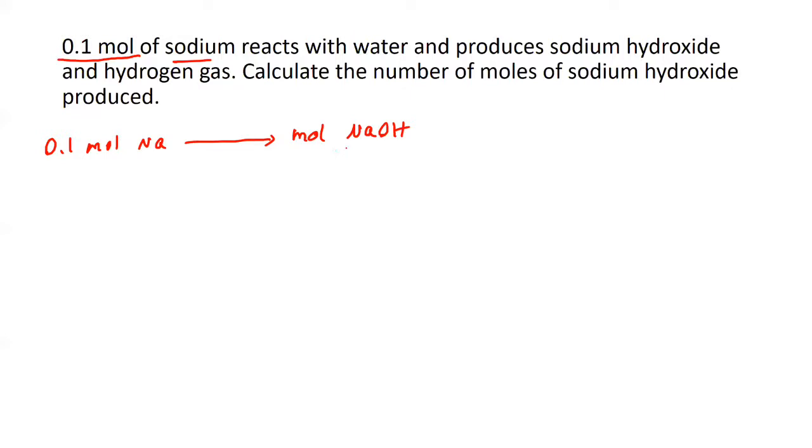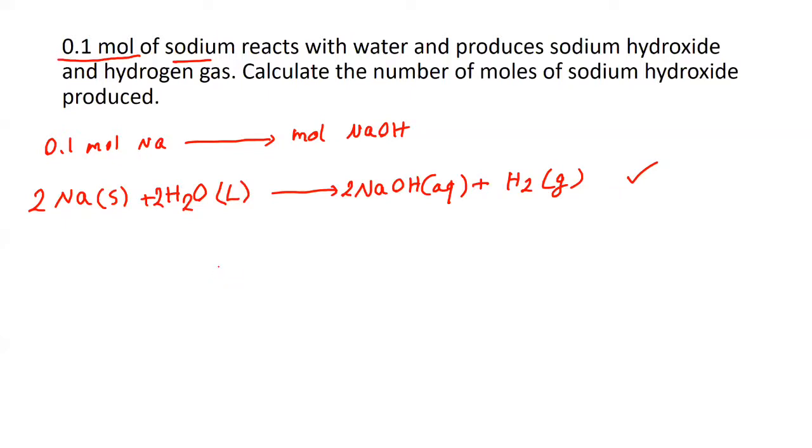Whenever you want to use information for one substance to find information for another one, definitely you need a balanced chemical equation first. Okay, right now I have my balanced equation. I want to solve the problem. I have to write it again: 0.1 mole Na, and I want to find moles of NaOH.